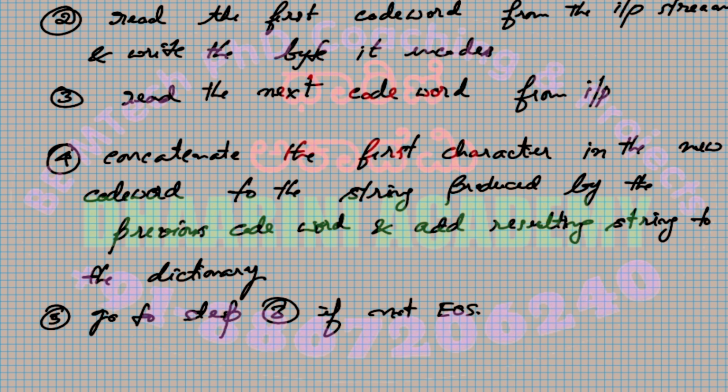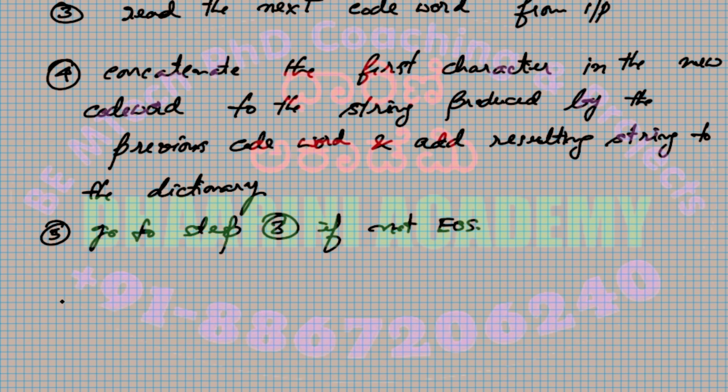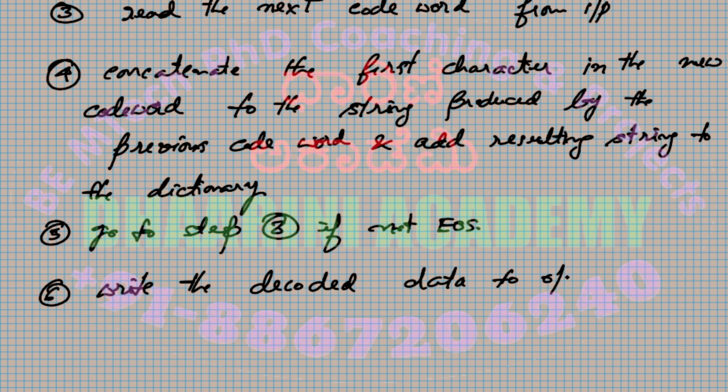Once it is done, you come out, and step number 6: write the decoded data to the output. Sorry, not encoded, this is decoded, because we are doing the decoding.